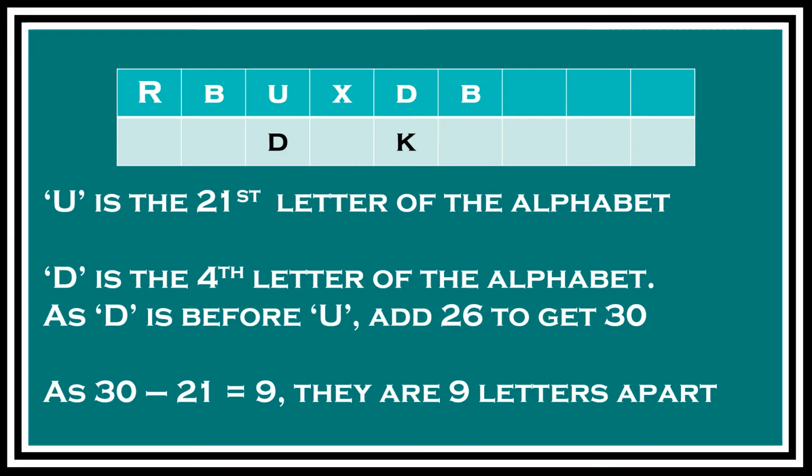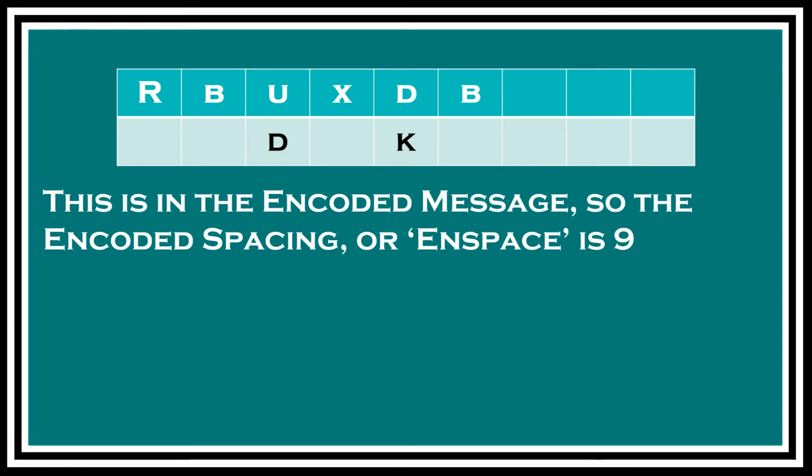But that comes before U in the alphabet, so we're going to add 26 and therefore treat D in the encoded message as being the 30th letter of the alphabet, and therefore they are 9 letters apart. So D comes 9 letters after U in the alphabet. So that is in the encoded message, so that is our value of N space, which is 9.